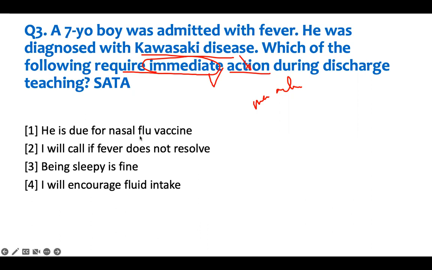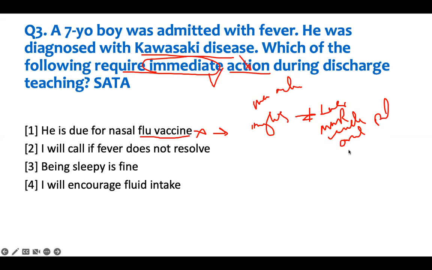It's due for nasal flu vaccine. Negative. If the kid gets immunoglobulin, you cannot give live vaccines. Any of the live vaccines, varicella, MMR, measles, mumps, rubella, varicella, the oral form of polio, and the nasal form of flu.